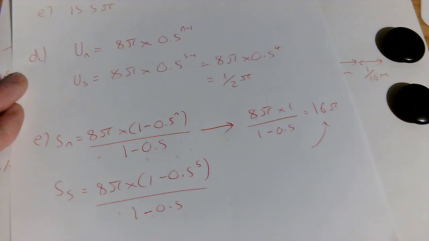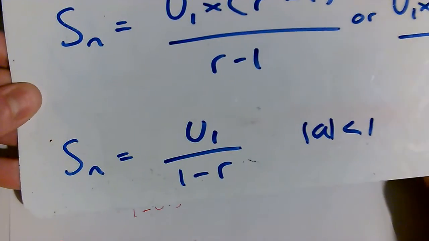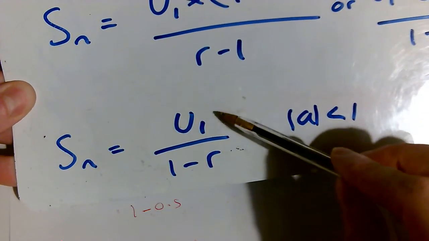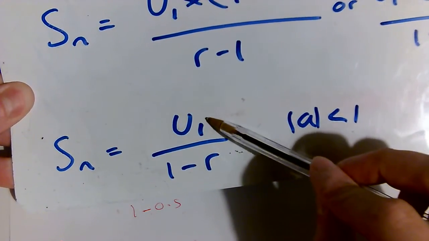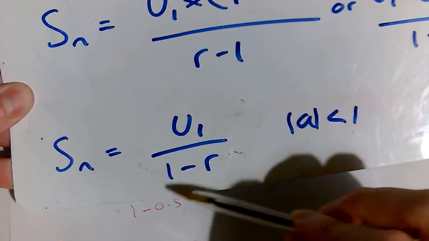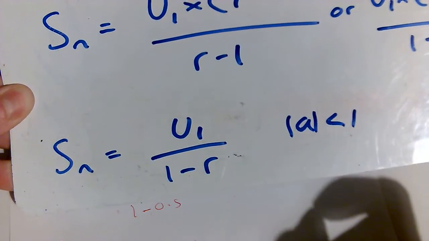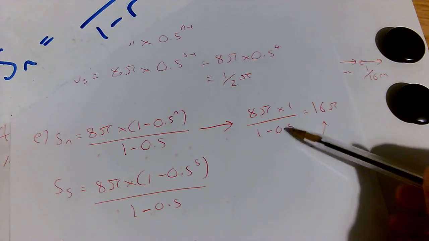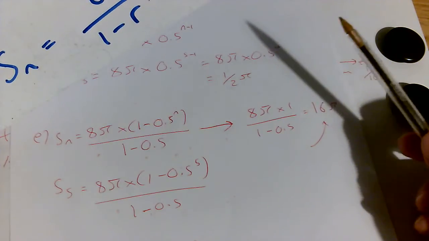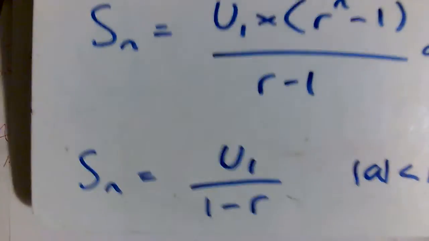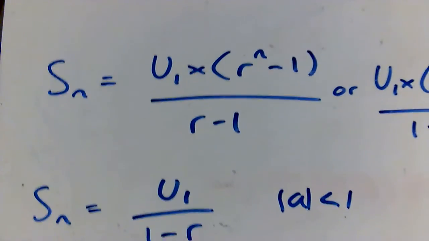And that's using the infinite sum formula there. You'll notice it's simplified down to the starting term over 1 minus r. So in our case, it's 8 pi over 1 minus 0.5, which is what we've got there. So that justifies it. Now, you might still be a little bit unconvinced that this would actually be true philosophically.